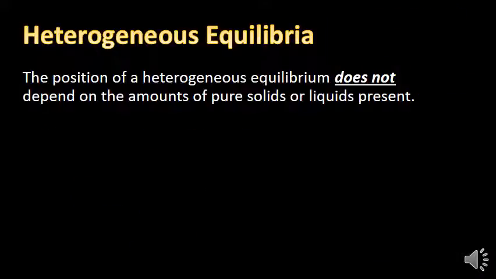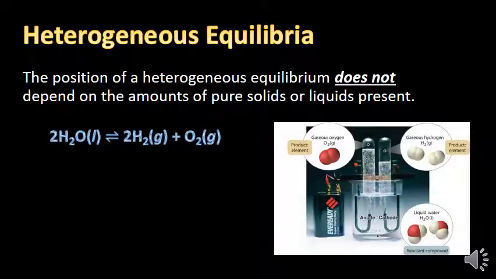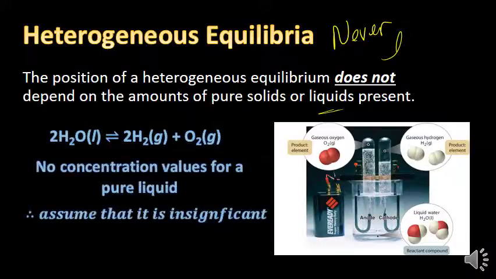All right. And guess what? We never, ever, ever put liquids. No liquids. Never put liquids in the equilibrium expression either. We don't have concentration values for pure liquids, do we? No, they're pure liquids. They aren't solutions.